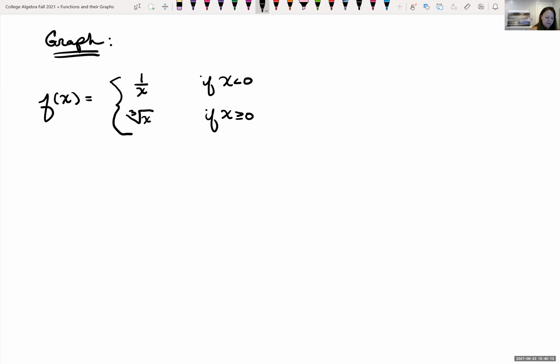If I want to find the domain, again, I can just look at my inequalities and see what x values I'm hitting. Well, I'm hitting everything less than 0, but then I'm hitting 0 for the second equation and to infinity. So I'm hitting all my x values. So my domain is going to be all real numbers.